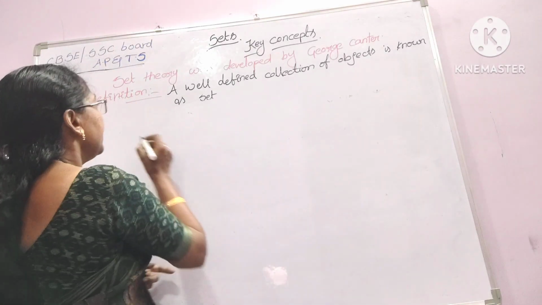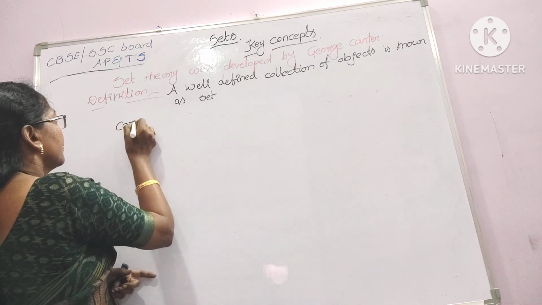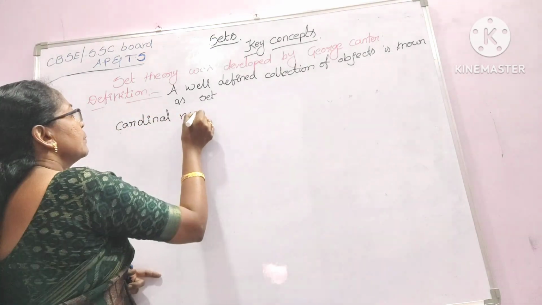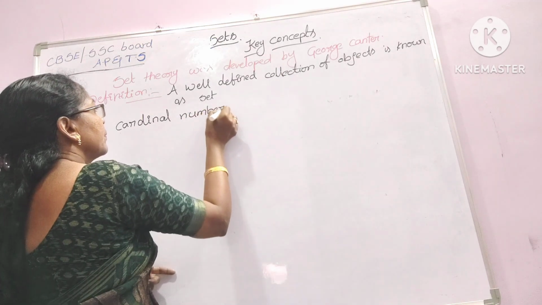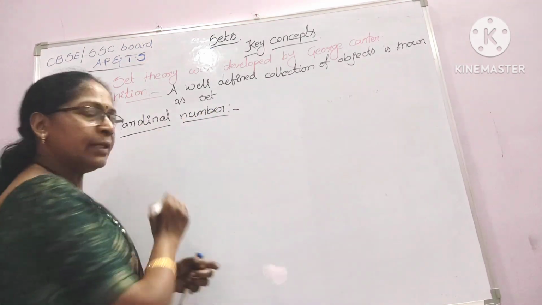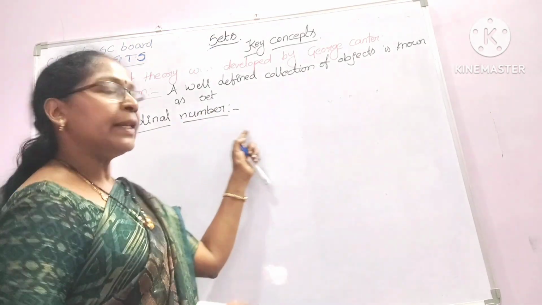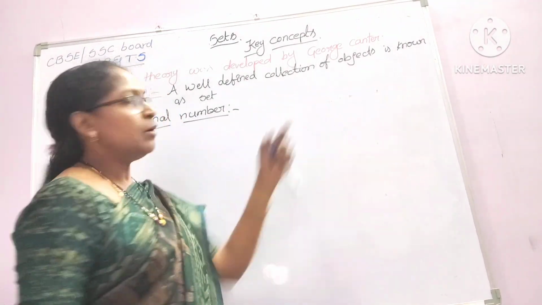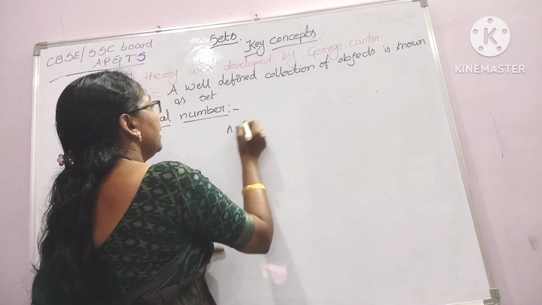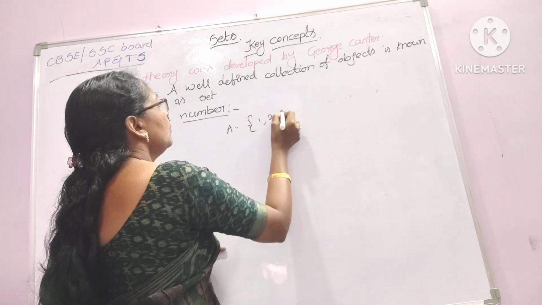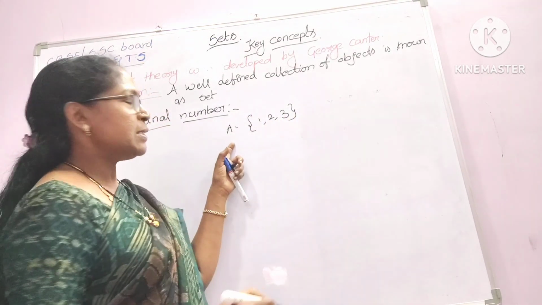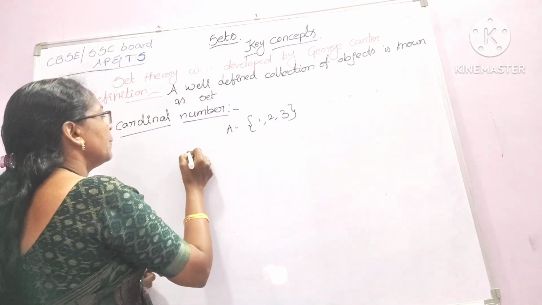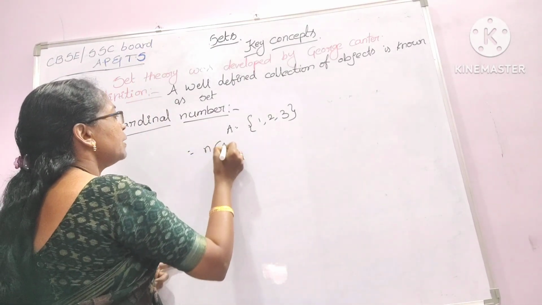Now, next one is cardinal number. What is a cardinal number? The number of elements in a set is called a cardinal number. For example, here set A equals {1, 2, 3}. Here the set name is A. The number of elements equals how many? 3. This is represented by n(A).